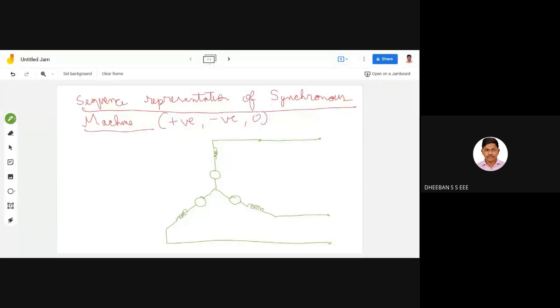Also it is grounded. So there's a fourth neutral point. Okay, so it is grounded. Okay, so this is your synchronous machine.